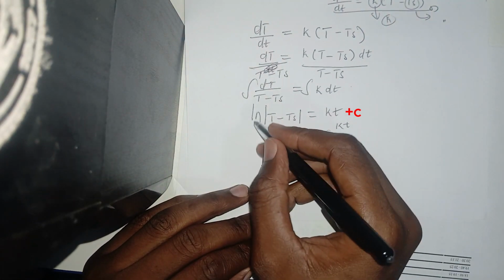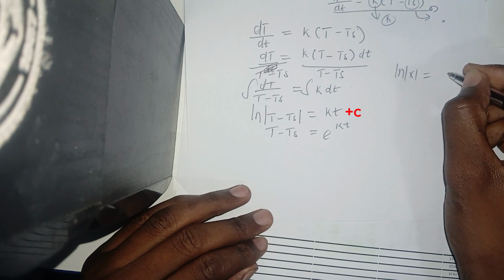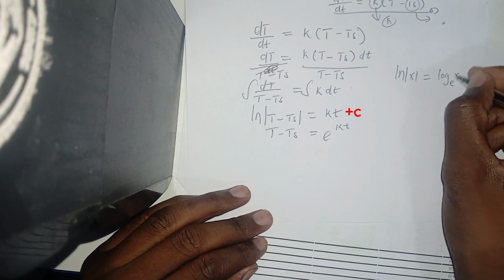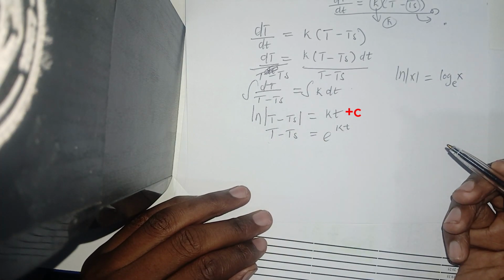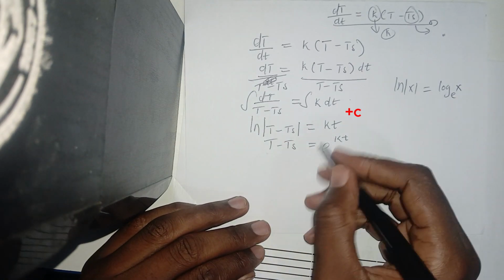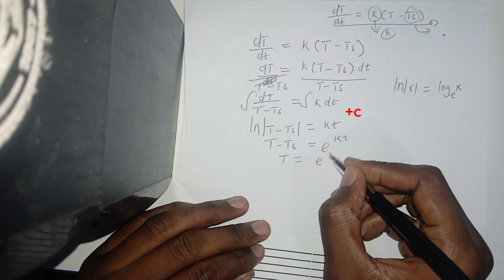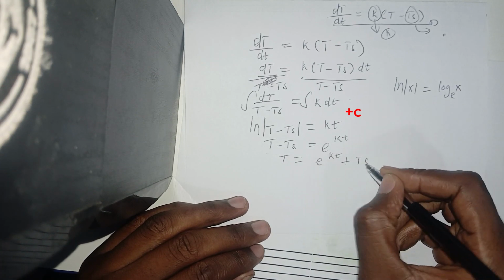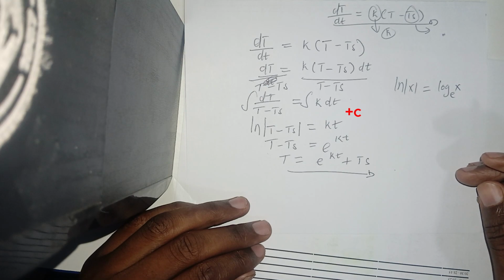Because this natural log is just log base e, we're converting from log to the exponential. So now T is equal to e^(kt) plus Ts, as in ambient, right? So that's how it is.